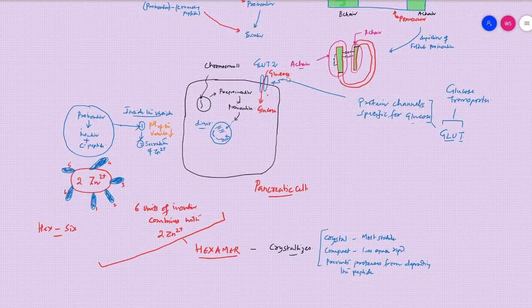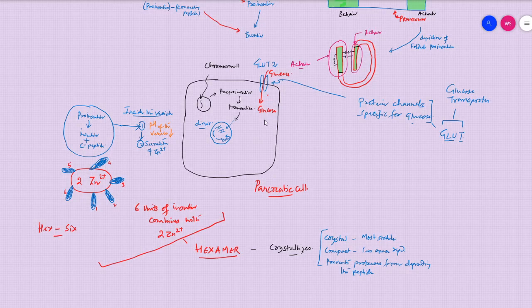When blood sugar increases, it should release insulin. Now, in the blood, glucose level has increased, which brings the glucose in proximity with the GLUT2 transporter, and GLUT2 transports the glucose within the pancreatic cell.